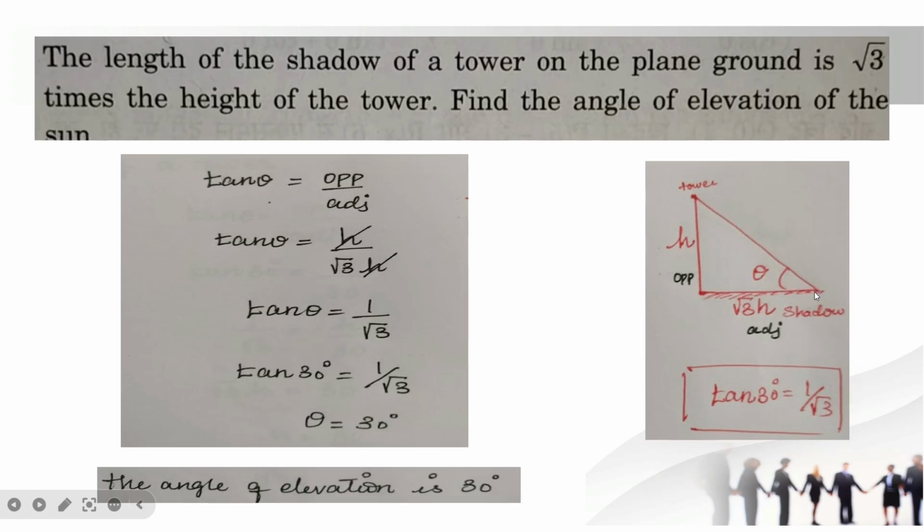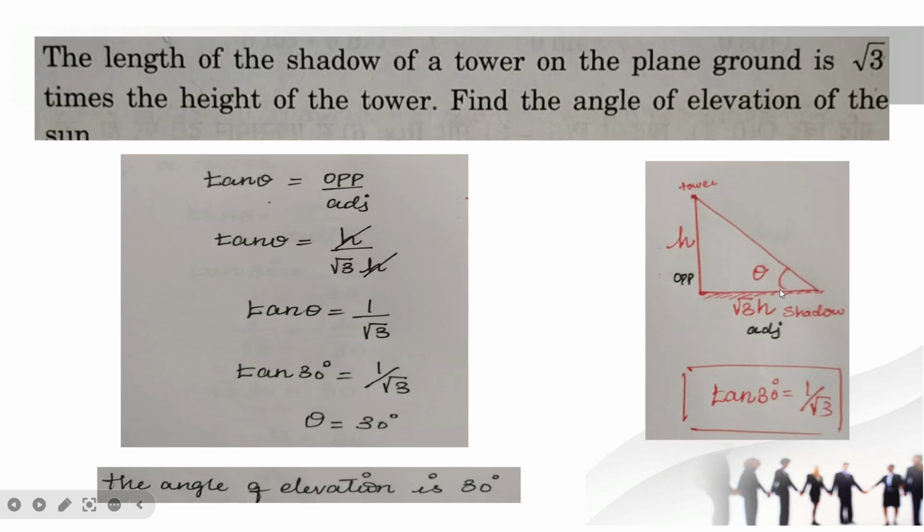What they said is it will be root 3 times its height. So if we consider tower height as h, the shadow value will be root 3h. Understood? Find the angle of elevation of the sun. Now they are asking for this angle.